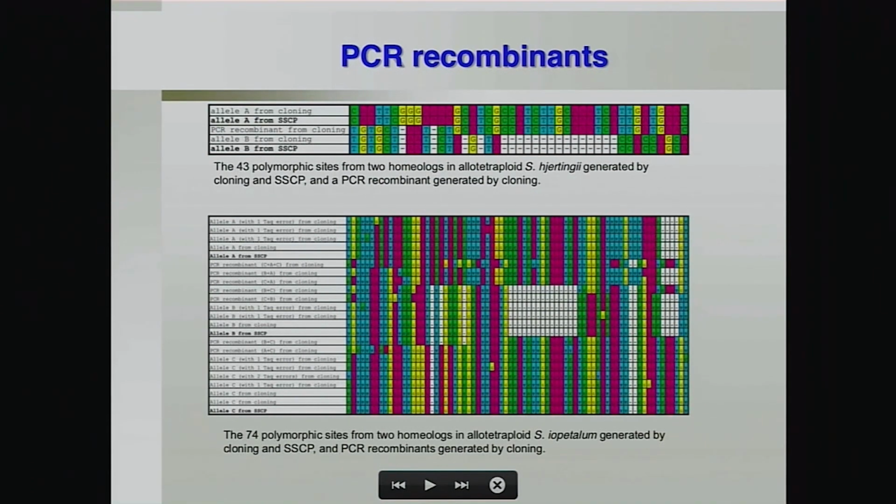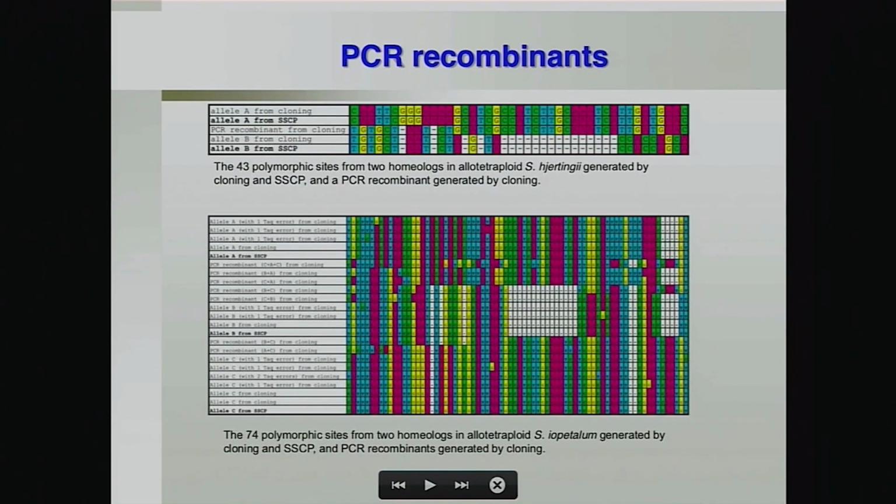But here, you have a PCR recombinant with sequences from the A and C alleles. Look, here it is the same as the C allele, that is here.